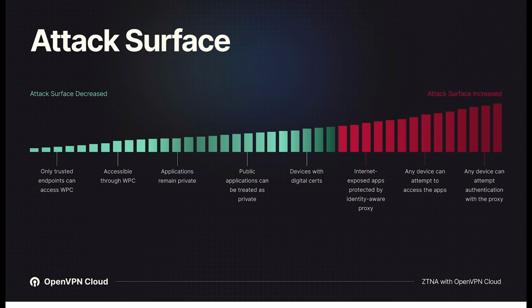Now consider OpenVPN Cloud, where you keep all your applications private, isolated from the internet, and only accessible via the WPC. So immediately the exposure is reduced. Now next, there are no inbound connections to your private networks.